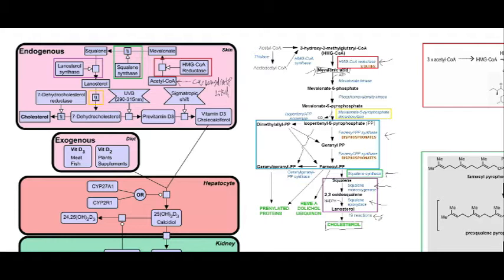Lanosterol then is turned into 7-dehydrocholesterol, and that happens at the 18th of these 19 steps here. And so from there, the 7-dehydrocholesterol, using sunshine, which is this UVB light here, generates the pre-vitamin D3, and then there is a shift.